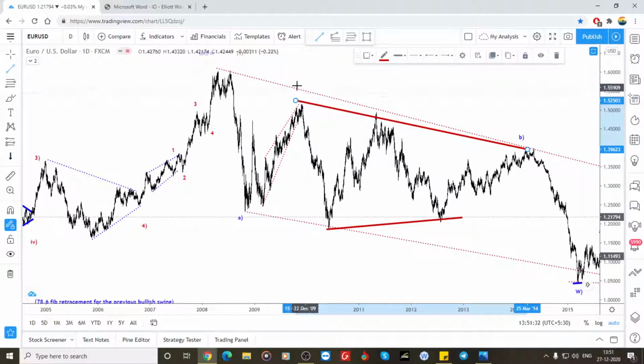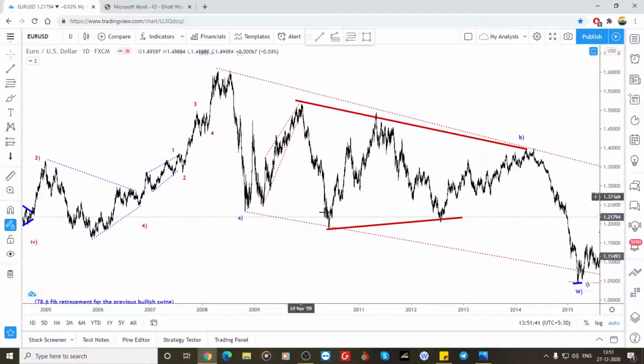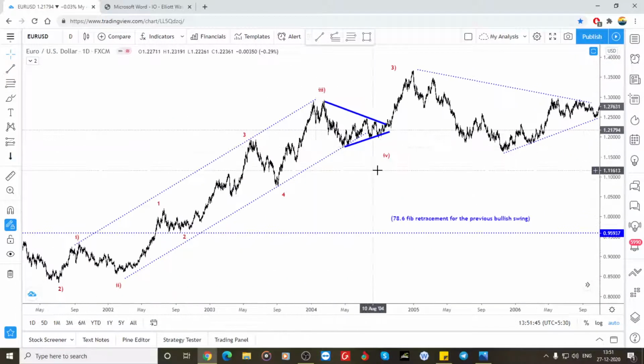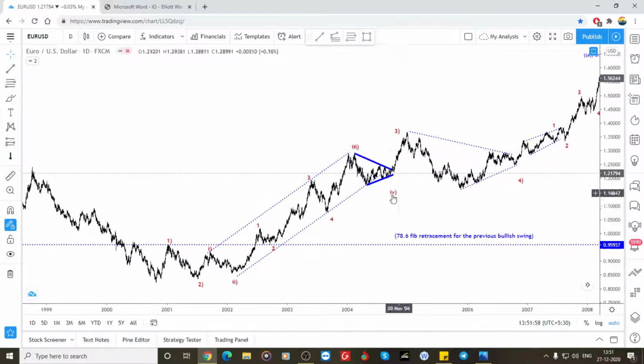So mark this as B, C, D and E. And here also, in the B wave, and here one more in the fourth wave, this is a symmetrical triangle, and here also a symmetrical triangle. So everything happened only in the fourth wave.